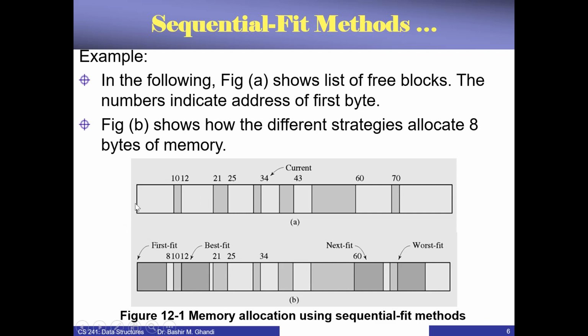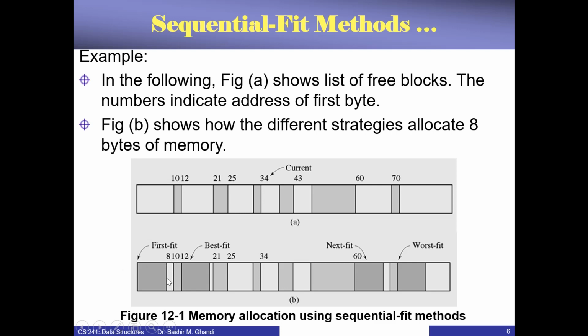The first fit will start the search from the beginning of the list. The first block that it finds that is either 8 or greater than 8 will be used. Here we have a size 10 free block as the first block, so first fit definitely will allocate from this block. It will break the 10 into 8 and a balance of 2.